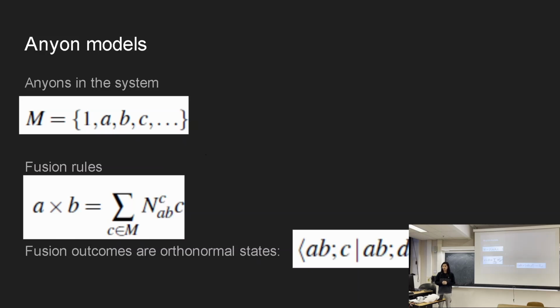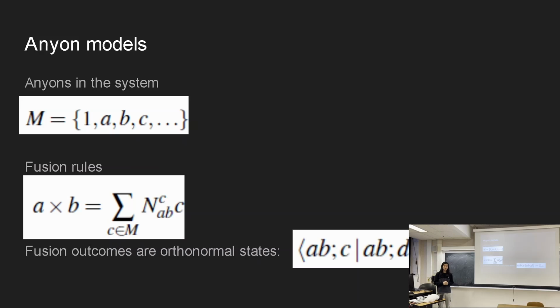If there's only one possible way, then the anyon is called abelian. If there's more than one way, it's called non-abelian, which means that the result of fusing the anyons is non-deterministic, which is really important for our quantum computation.